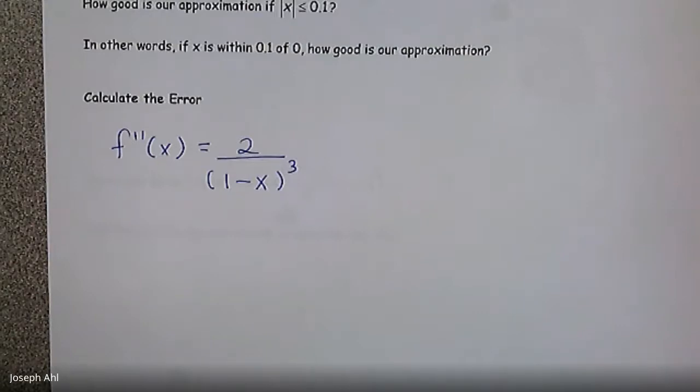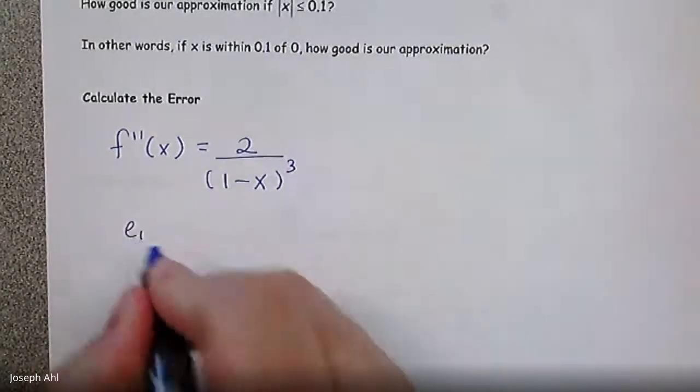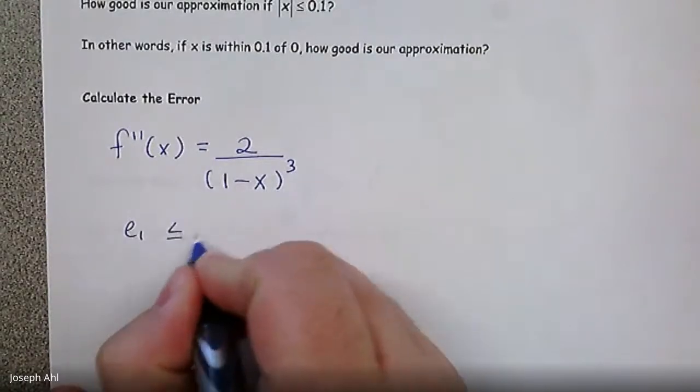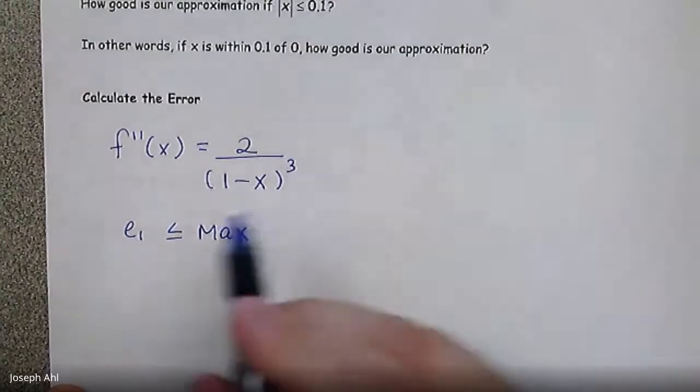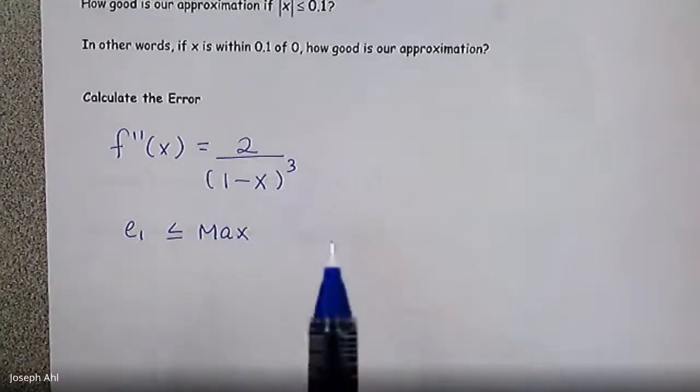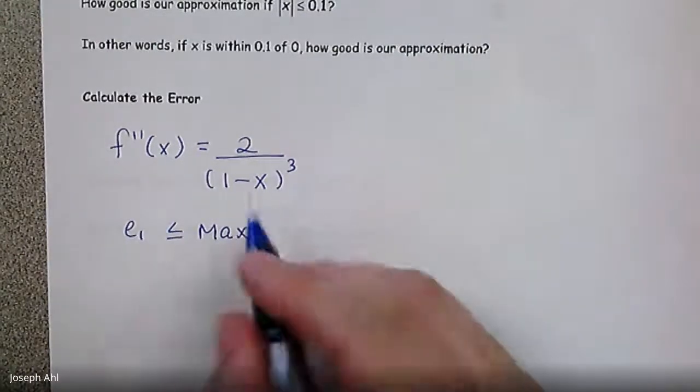Okay, so if we have the second derivative, the max error that we can get, according to the formula, would be f double prime of c over 2 factorial.